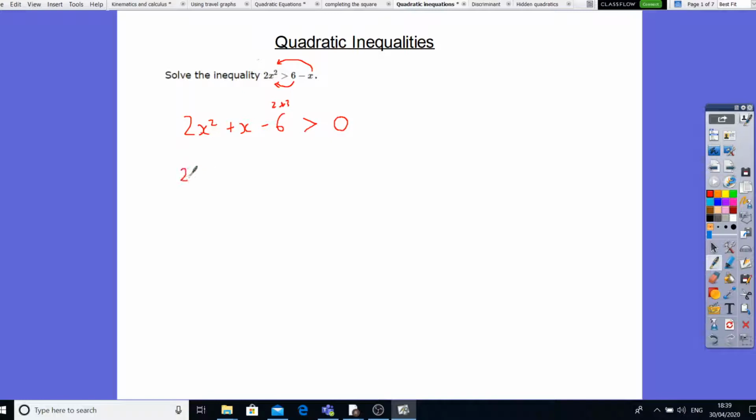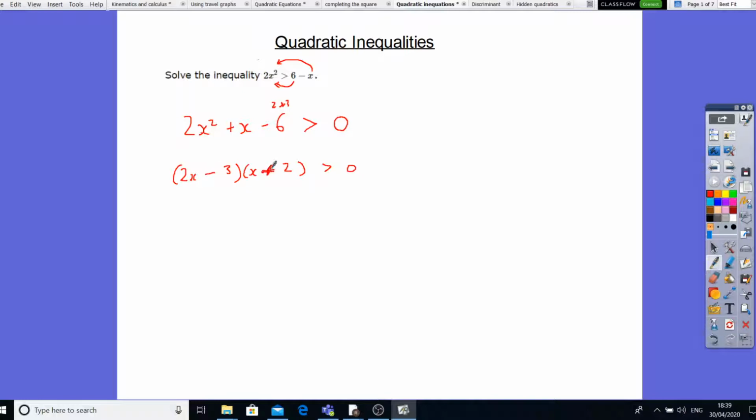If I put 2x in one bracket and I put x in the other bracket, I'm going to double the 2, so the 2 needs to go in here, the 3 goes in here. And once I double the 2, I want it to be a positive 4. So that's going to be a positive, and this one's going to be a negative.